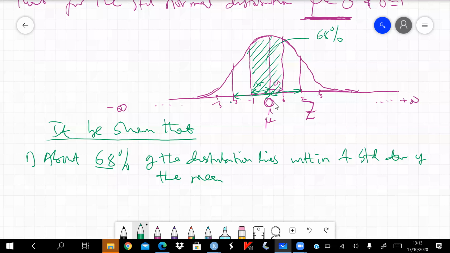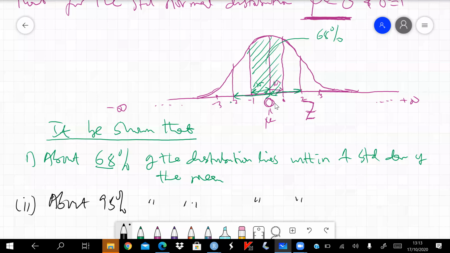Then the second note is that it can be shown that about 95% of the distribution lies within two standard deviations of the mean.